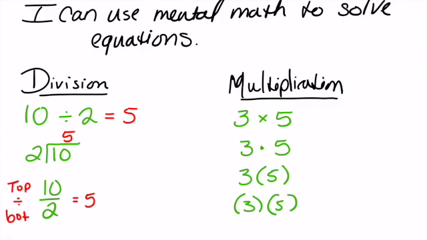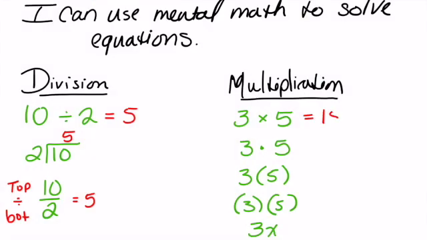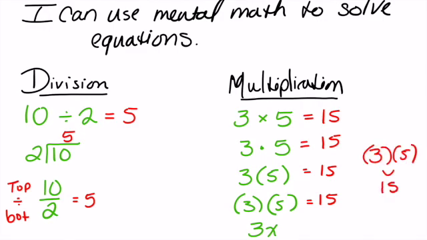Remember, if one of these is a variable, you're going to start seeing 3 times x, or maybe even 3x. So 3 times 5 is 15, and it's still 15 every time. And some of these times, you might even see 3 times 5 and drop down with the answer, 15. Depends on if there's an equal sign or not. So those symbols for multiplication and division you're going to start seeing more of now. So let's start getting used to those.